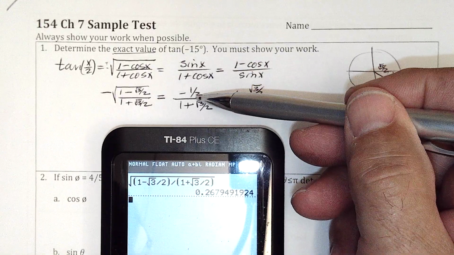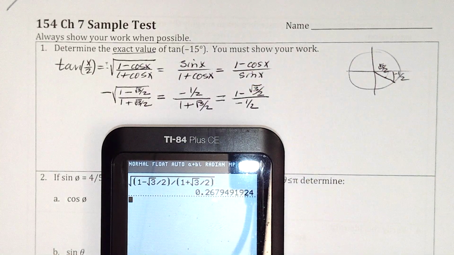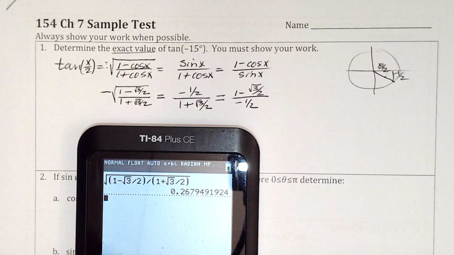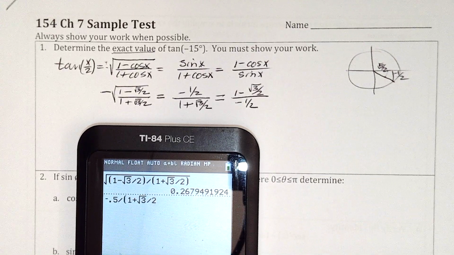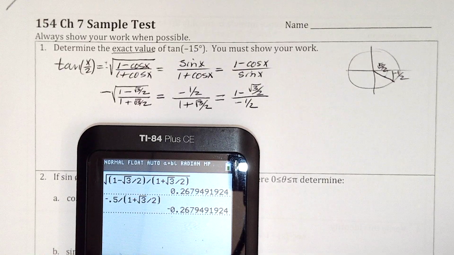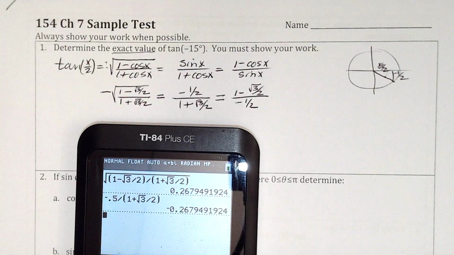Another exact answer should be this one. I'm going to check and see if it comes out to be the same decimal. Negative 0.5 divided by parenthesis 1 plus the square root of 3 divided by 2. And now we get the negative answer. And this one, let's see what that comes out to be.